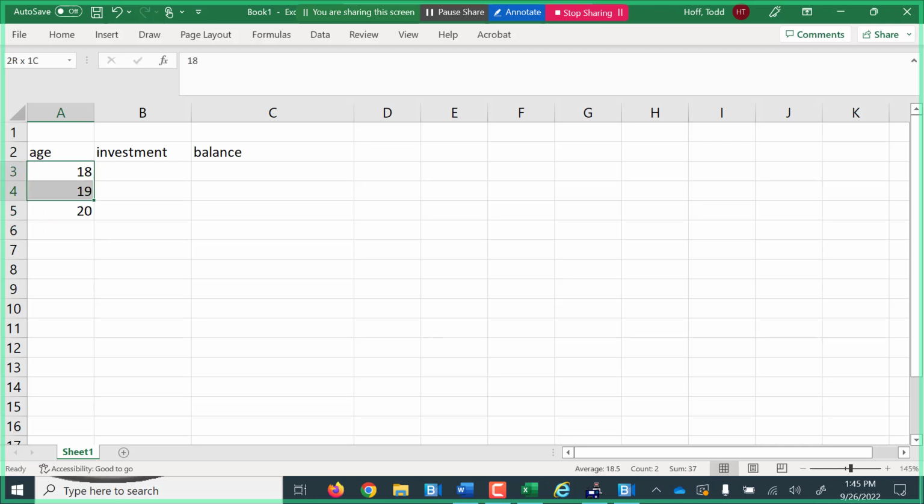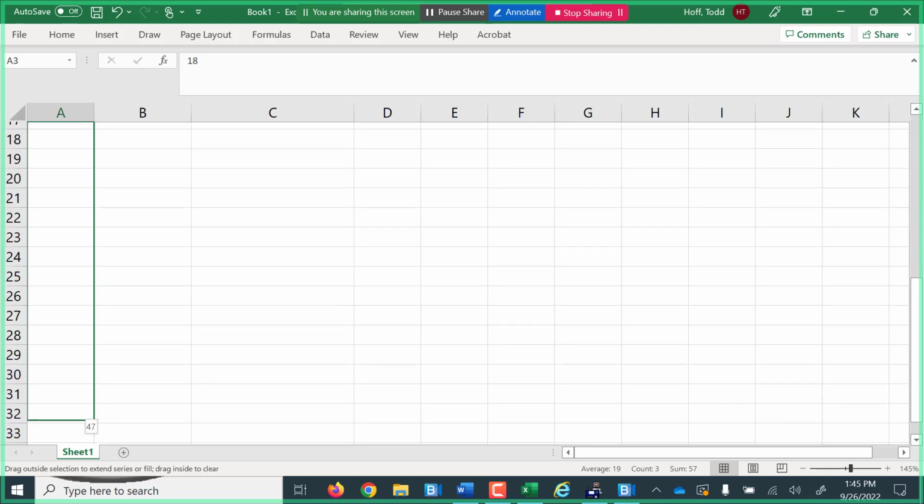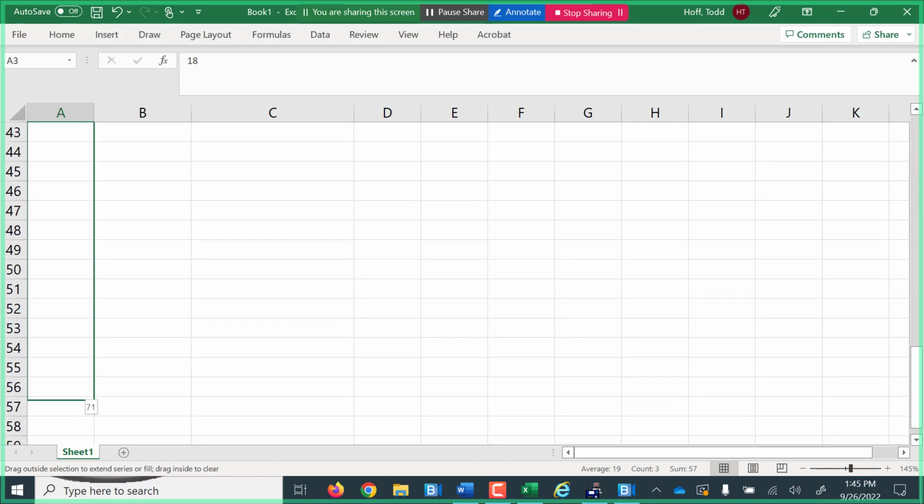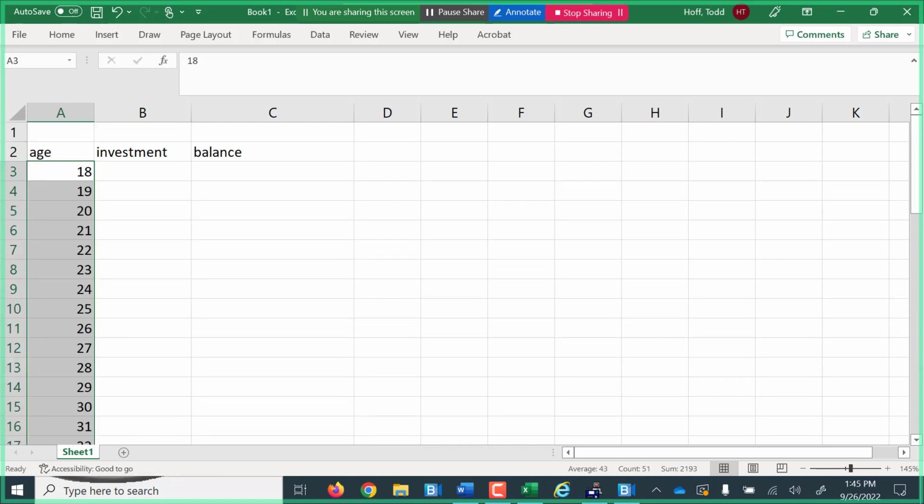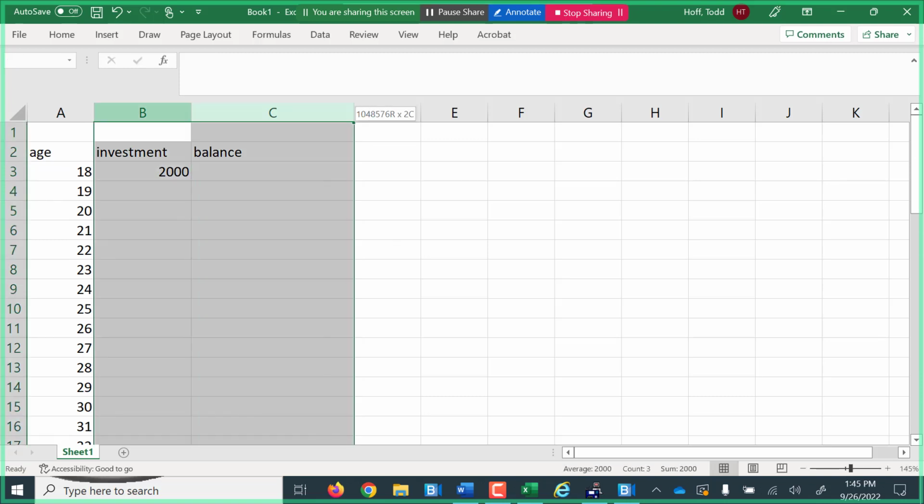And let's go up to 68 again. So we'll stop right there, 68. And let's just stick with the $2,000 a year for now. I'm going to format these to be money.